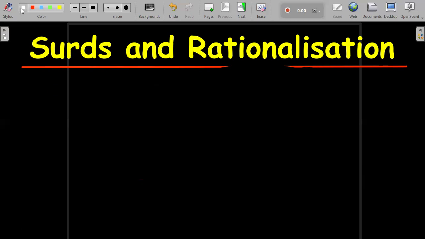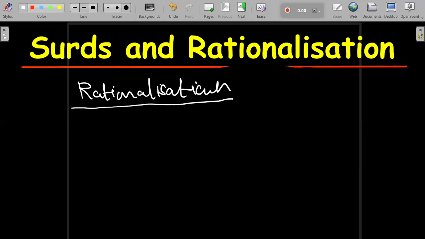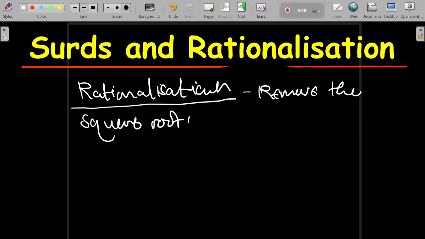If you have any questions, guys, feel free to ask. So what is rationalization? This word is intimidating, but it's something that is very simple. Rationalization simply means removing the square root or the surd from the denominator.